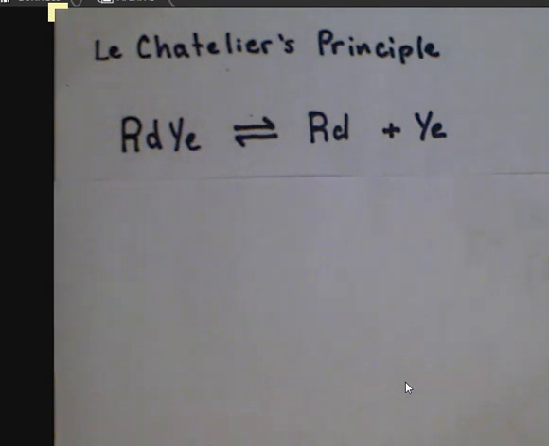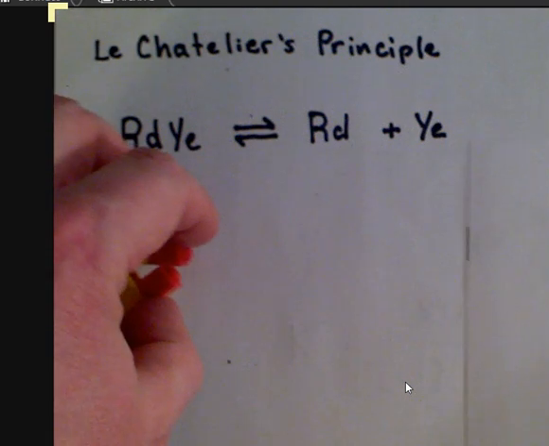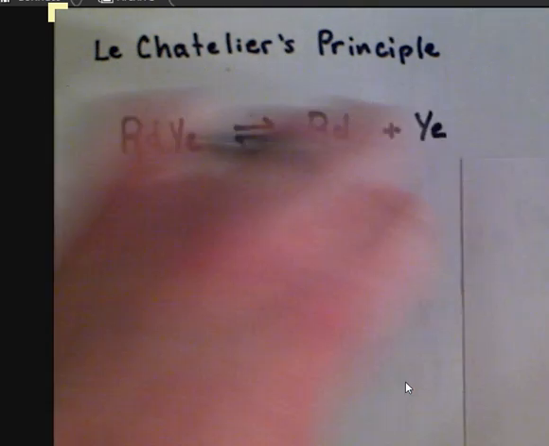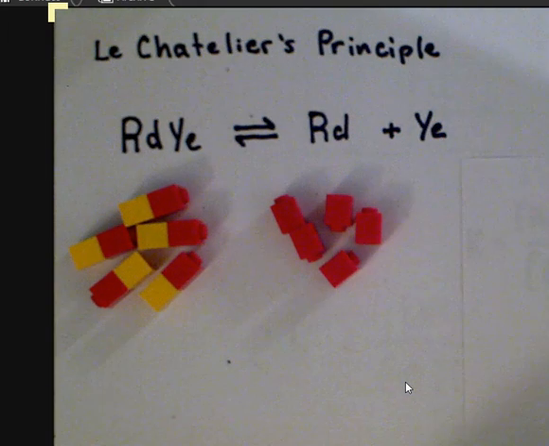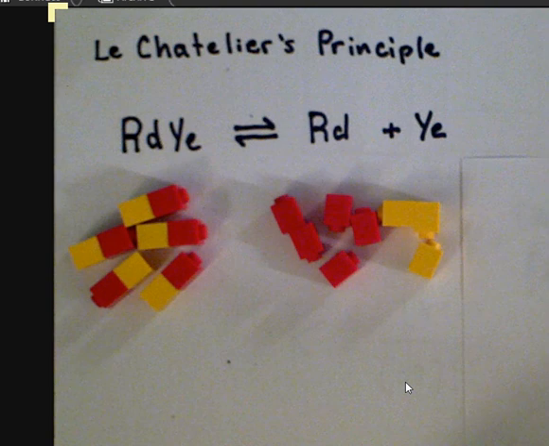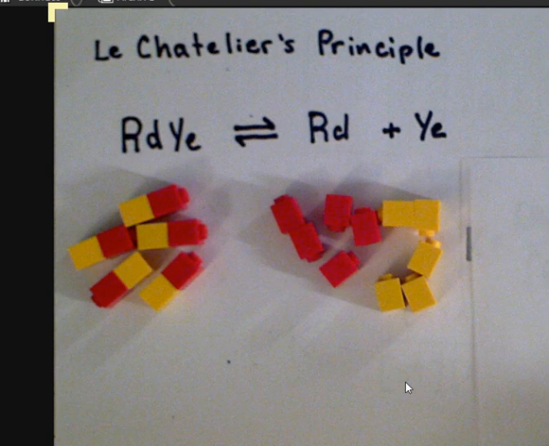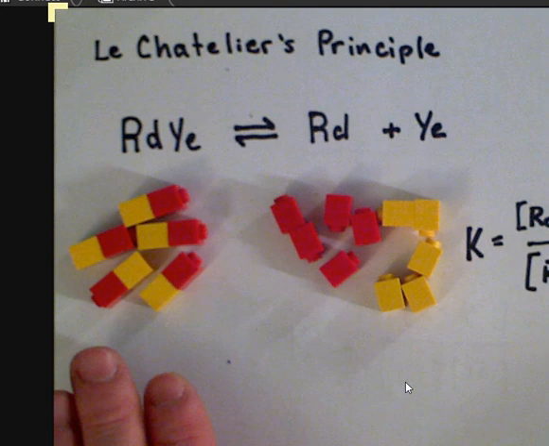Okay, we've got RDYE in a decomposition reaction, producing some free RD, there's the red blocks there, and some free YE. And of course, we could write an equilibrium expression for this, right? Where K is equal to the concentration of RD times the concentration of YE divided by the concentration of RDYE, right, on the left side there.